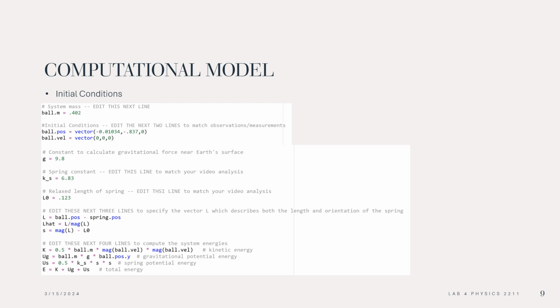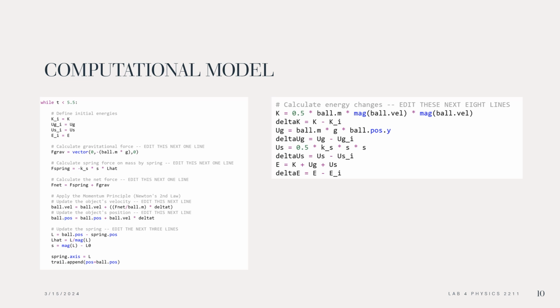These are standard equations that we learned in class. So we know kinetic K equals 1/2 mv squared, UG equals mg delta y, US equals 1/2 k s squared, and of course our total energy is going to be kinetic plus gravitational plus our spring energy.